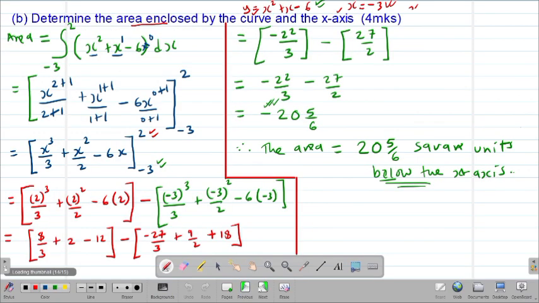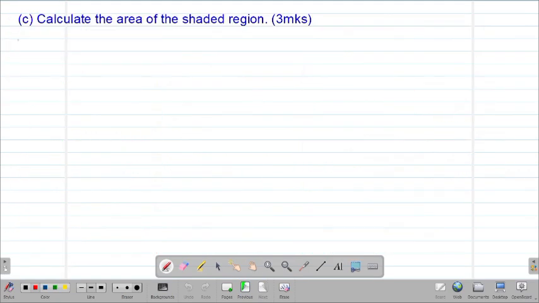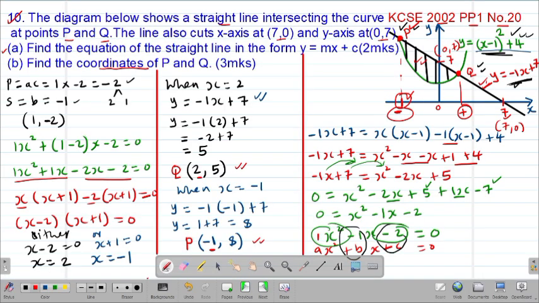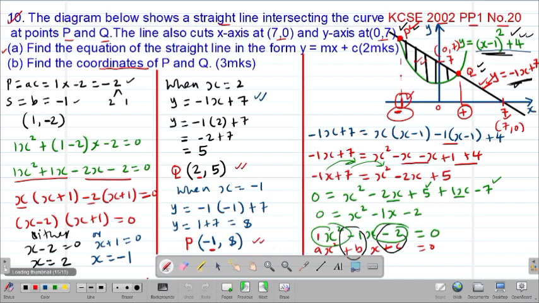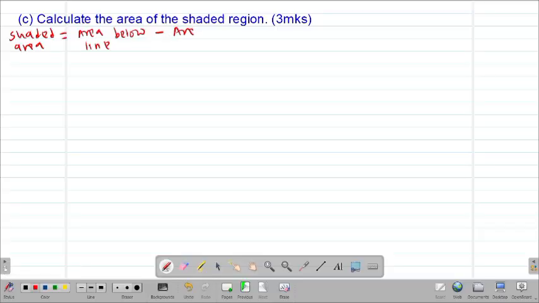Therefore, for us to get the shaded area, the shaded area will be equal to the total area, which will be equal to the area below the line, then minus the unshaded area. The unshaded area will be this area below the curve. So minus the area below the curve.